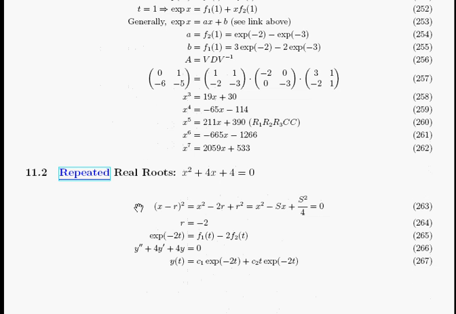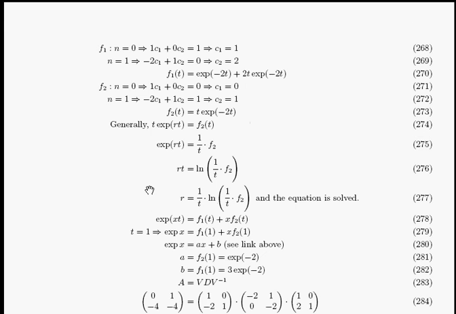This is Bhaskara when x minus r to the power 2 equals 0. x squared minus 2r x plus r squared equals 0. The equation is solved because the exponential is isolated, the RT is isolated, and the R is a function of t isolated.